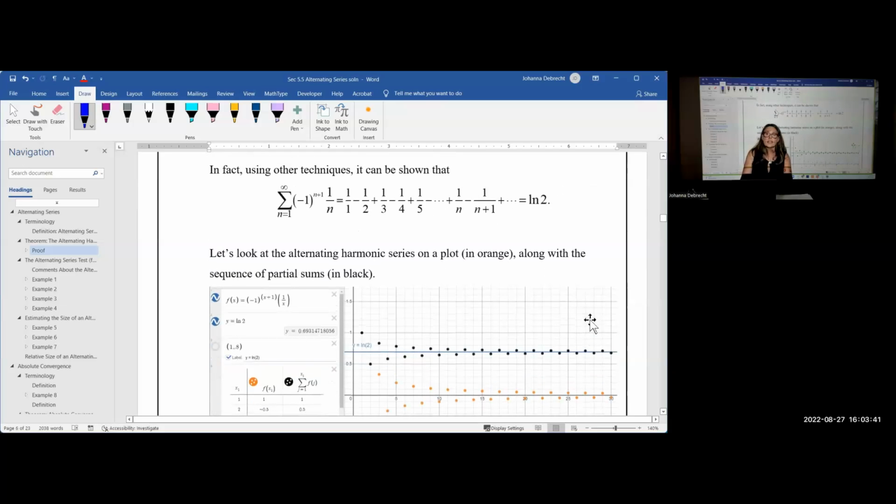Now, there are other techniques far more advanced than what we're going to be using in class that can show that the alternating harmonic series written in this format, 1/1 minus 1/2 plus 1/3 minus 1/4 plus 1/5, adds up, or converges, the sequence of partial sums converges to the natural log of 2.